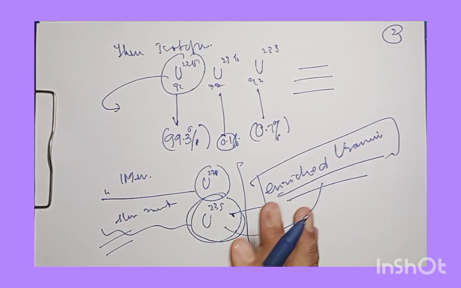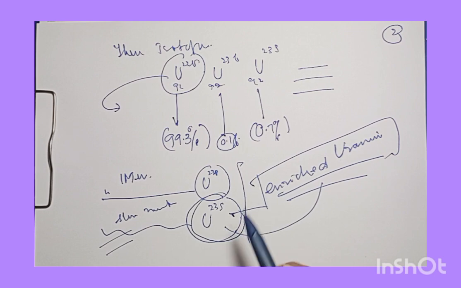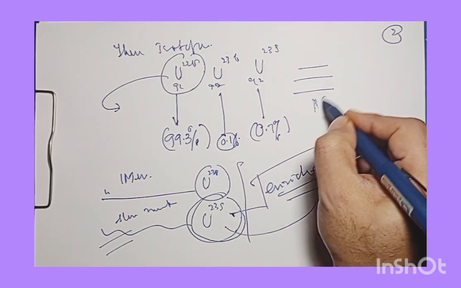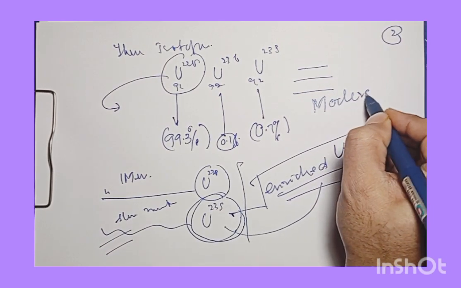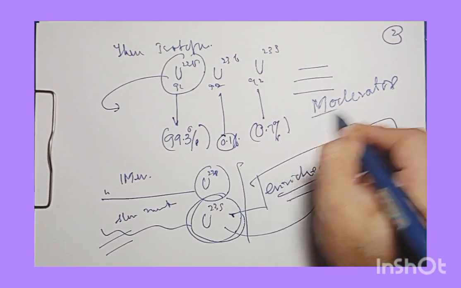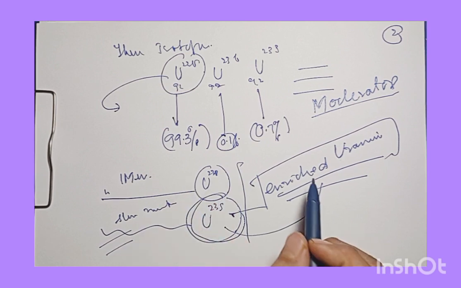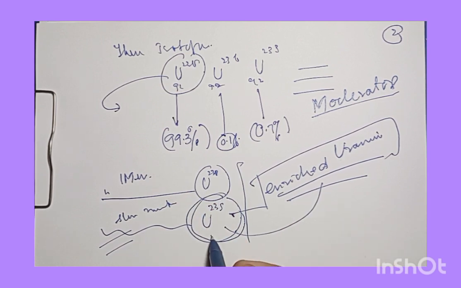The fast neutrons can be slowed down by certain materials which are commonly known as moderators. So you have to slow down these neutrons so that the fission can take place in uranium-235.